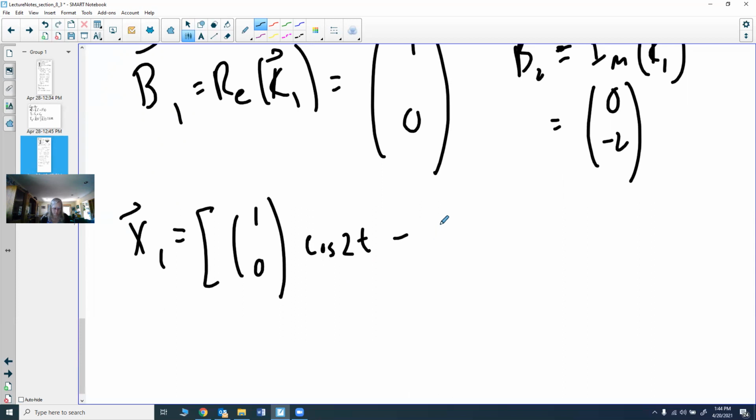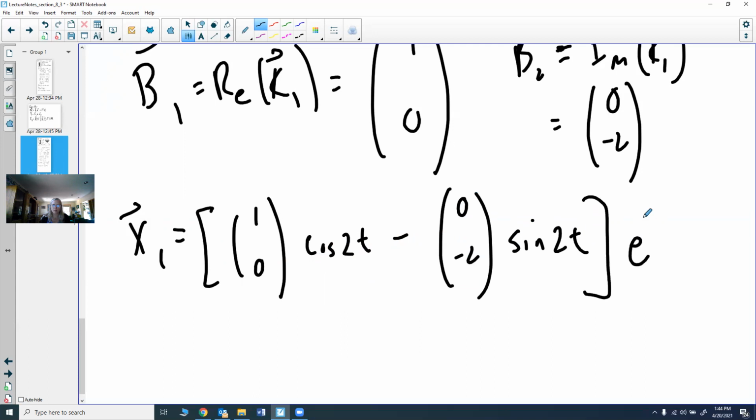Minus 0, negative 2, because remember it's b1 cosine of beta t, minus the imaginary part, b2, times the sine of beta t. And that's all times e to the alpha t. In this case, alpha was 2, because that's the real part of my eigenvalue.